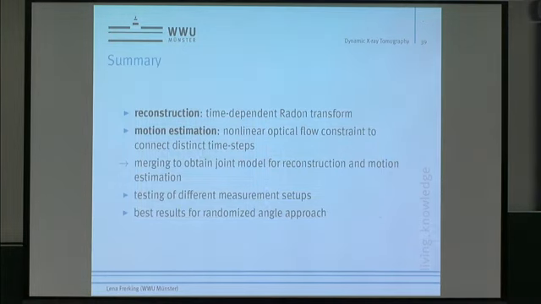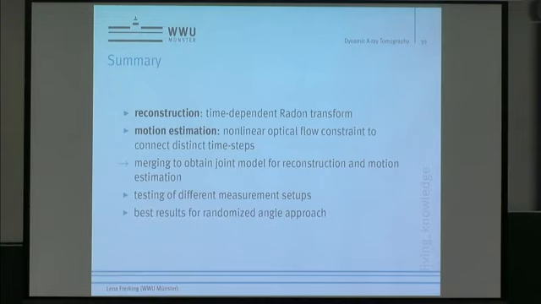Okay, that's it so far. Now I want to summarize shortly what I told you. I started with the part on reconstruction, where I also introduced the time-dependent gradient transform. Then we made an excursion about the topic of motion estimation, where we saw that a nonlinear optical flow constraint works pretty nicely, and this optical flow constraint was introduced in order to connect the different time steps of the reconstruction with each other.